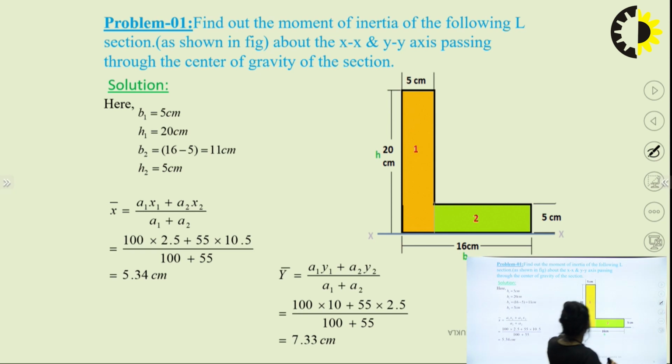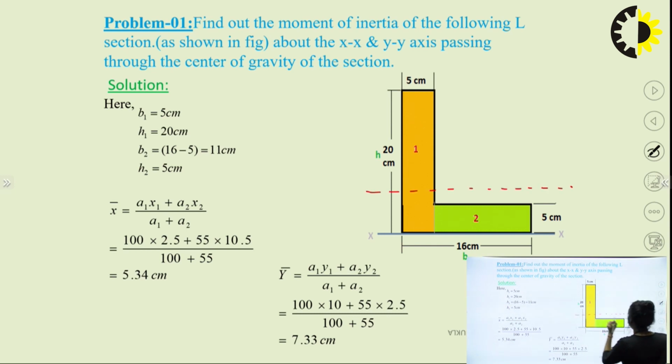This is the section. As we found in our previous lecture, the neutral axis lies here. The Y bar distance is 7.33 centimeter, and the Xx value is 5.34. This part is 5 and this is 0.34.